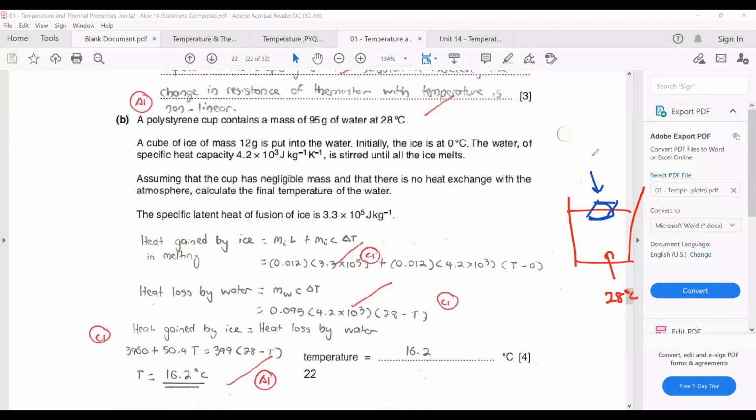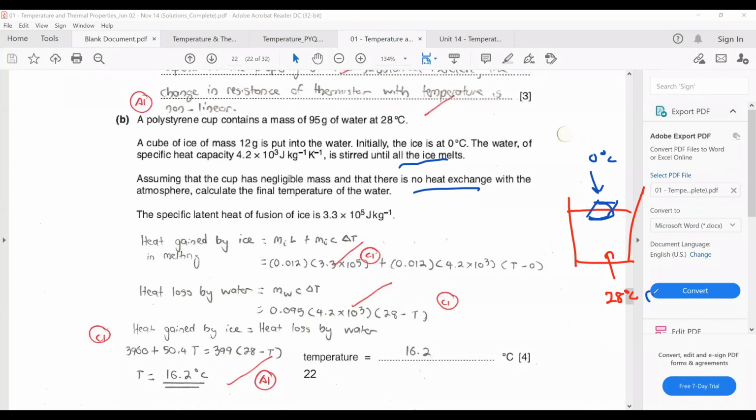The ice is at 0 degrees centigrade. Now they tell you to stir the water until all the ice melts. Assuming the cup has negligible mass and there is no heat exchange with the atmosphere, no heat gain, no heat loss, calculate the final temperature of the water. So you only just consider this and this.